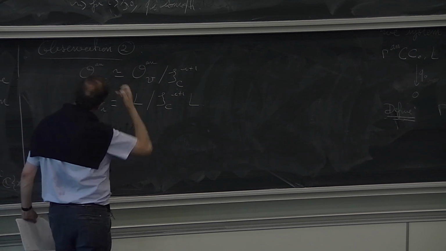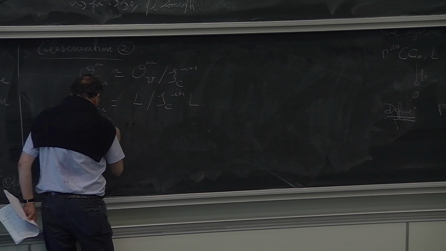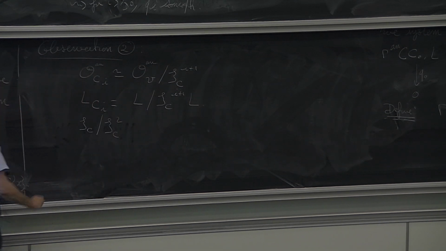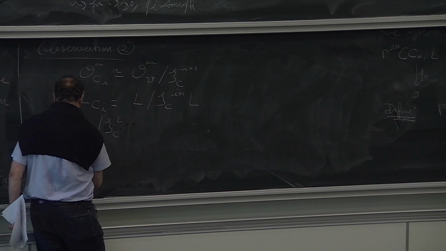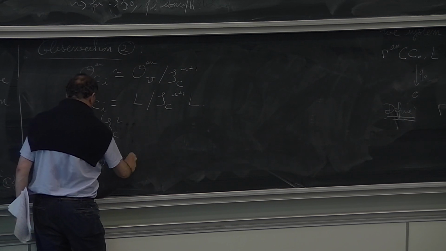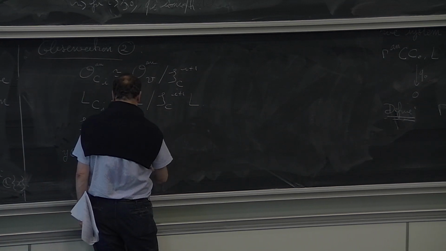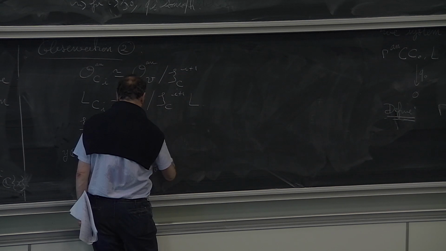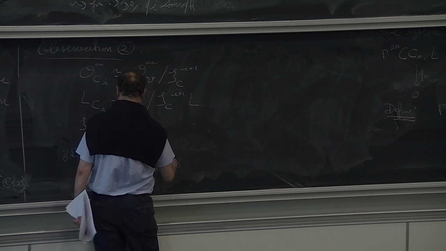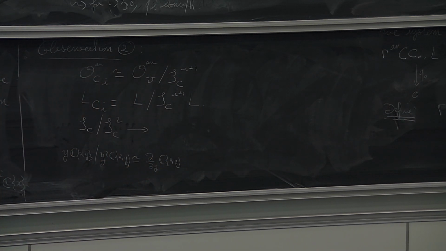Okay. So now you see that I_C quotiented by I_C square corresponds in this notation, at the level of germs, to a line bundle that is scaled by I_C.